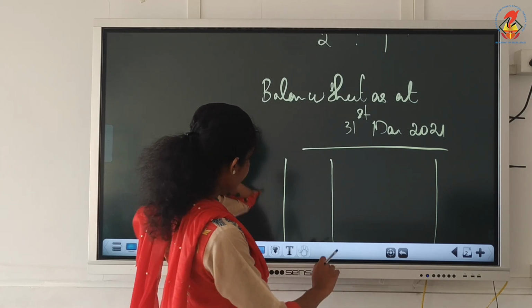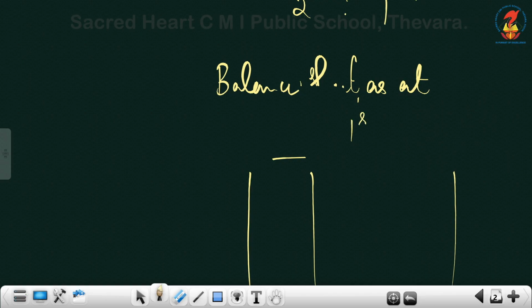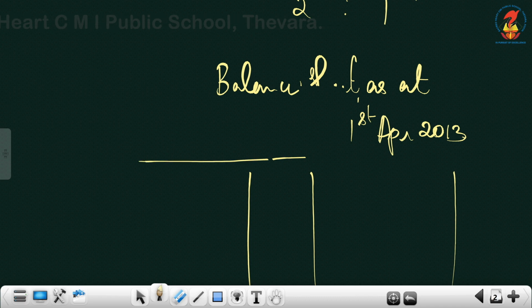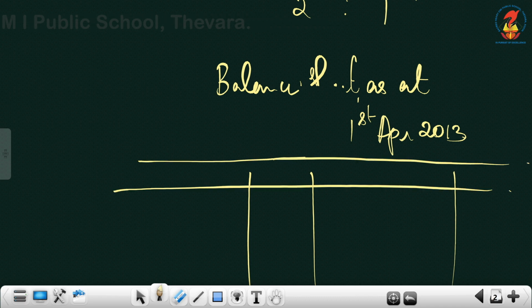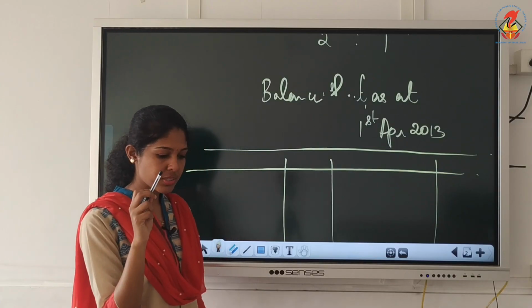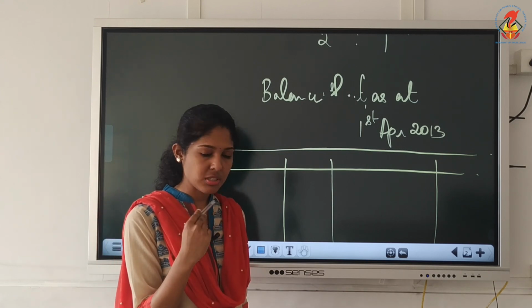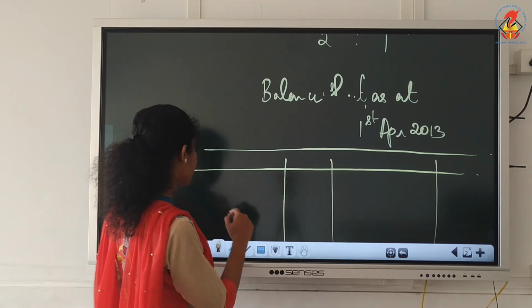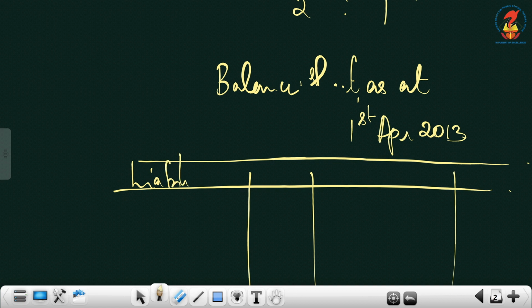Okay, it's given like on 1st April 2013, so you write that same date, 1st April 2013. It's given on the top. Did you see after the ratio, the date is given on 1st April 2013. So the same date you can write for the balance sheet.